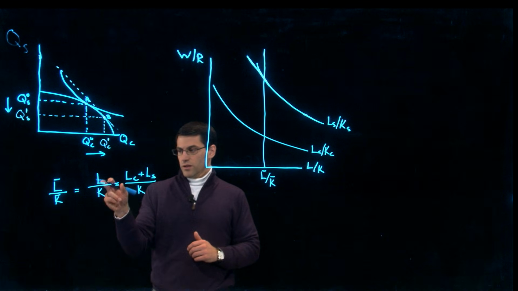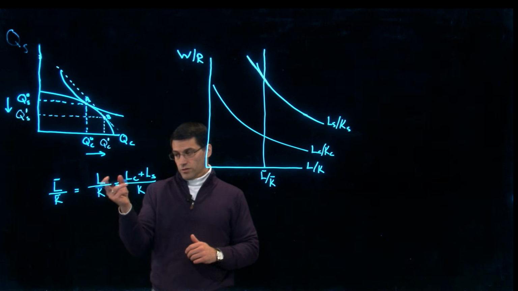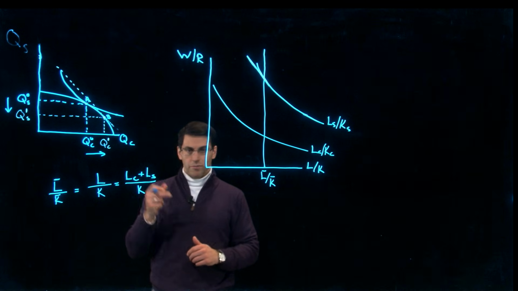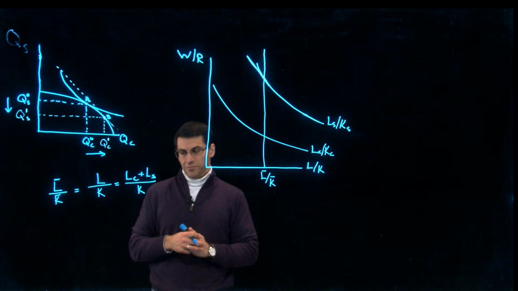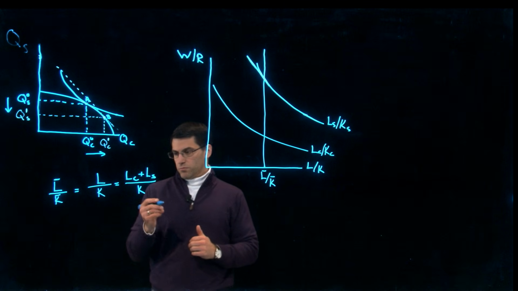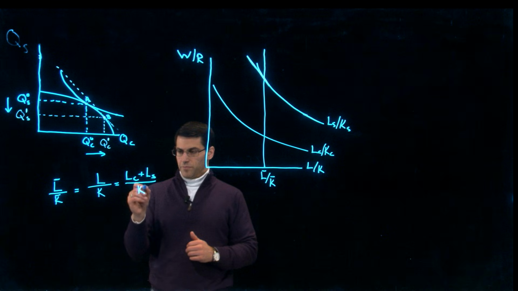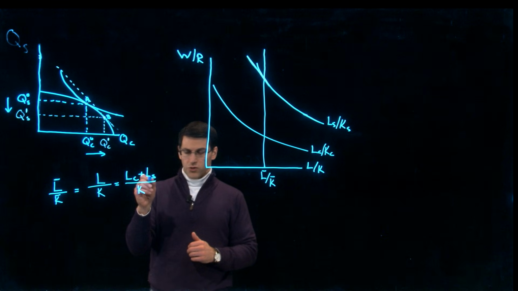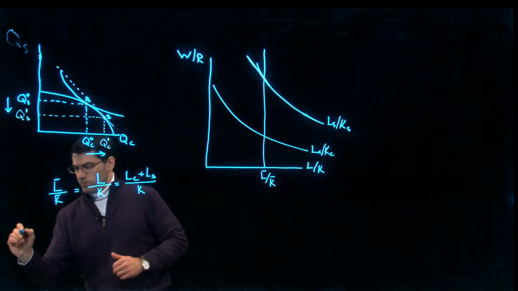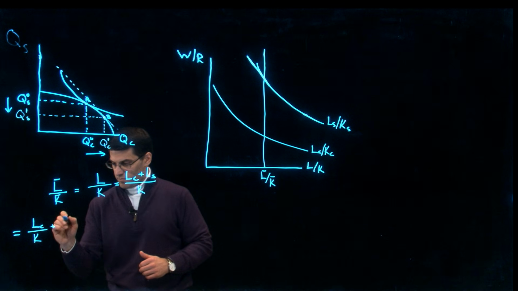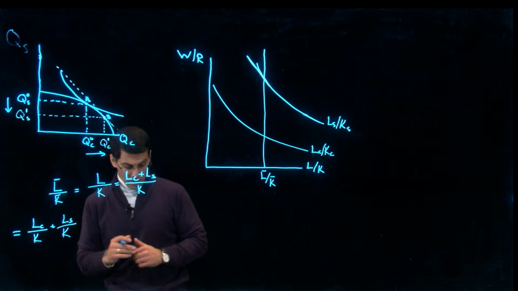We've taken L and said, well, what is L? L is the total labor used. Well, that's equal to the amount of labor employed in computers plus the amount used in shoes. And so if you look at this, well, what can we do here? We're saying this is LC over K, and you could split that up into its two pieces, plus LS over K. So if we split those up, we have that.